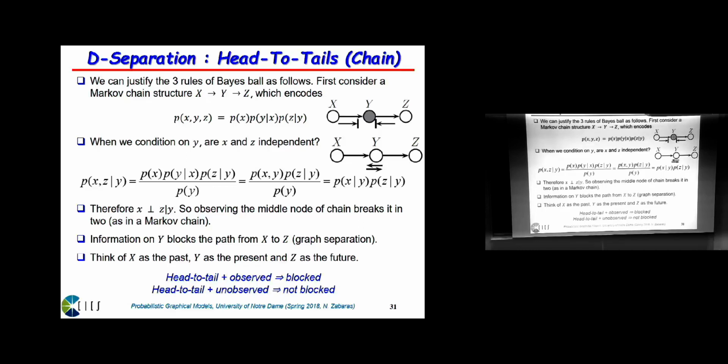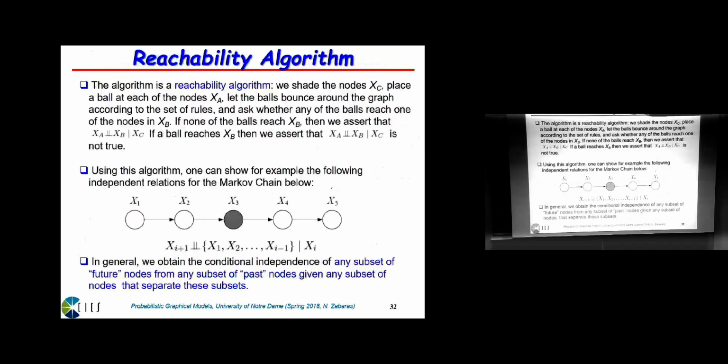So rather than having to prove an equation like that, if you can prove that the nodes x and z are graph separated, and the orientation of the arrows here doesn't make a big difference, okay? If you use the Bayes ball algorithm to throw something from x to z and that path is blocked, then x and z are independent given y. So this is a nice algorithm to check this conditional independence relation.